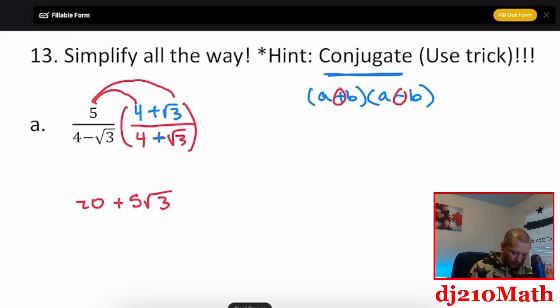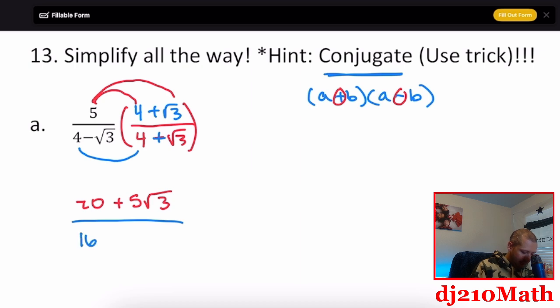Okay. Bottom. So normally we would use FOIL. However, we're not going to use FOIL because it's a conjugate pair, and there's a little trick that we can do. So watch. 4 times 4 is 16. Negative root 3 times positive root 3 is negative 3.